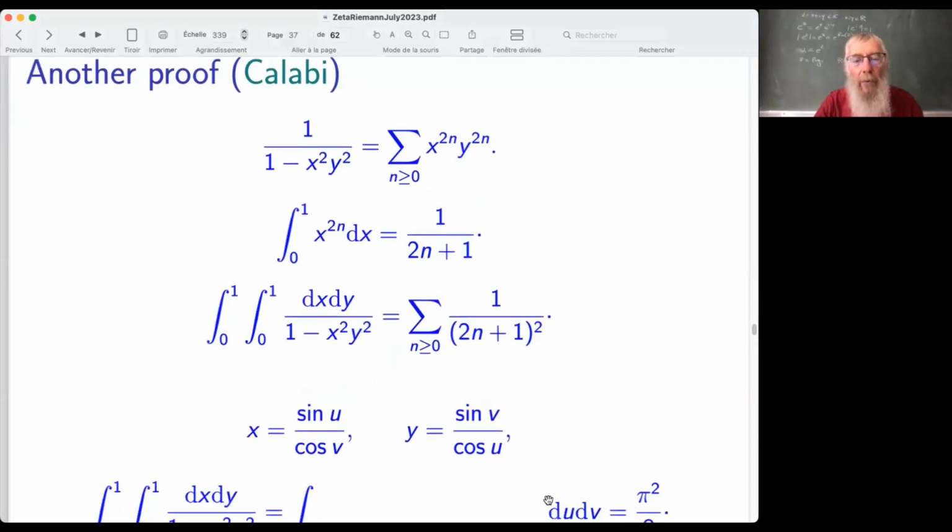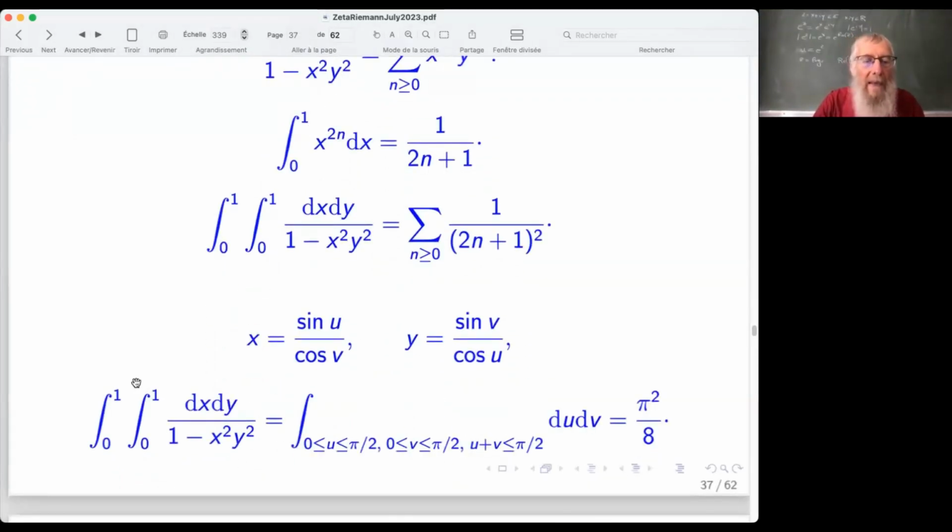v over cosine u. And so when we make this change of variable, we have an integral for u and v, and there is the domain, which is u less than pi over 2 and positive, v is also less than pi over 2 and positive, and u plus v is less than pi over 2, which corresponds to the domain of xy. And this integral is easy to compute.